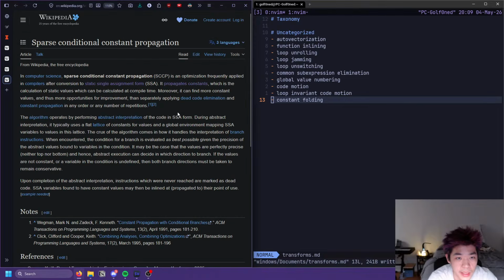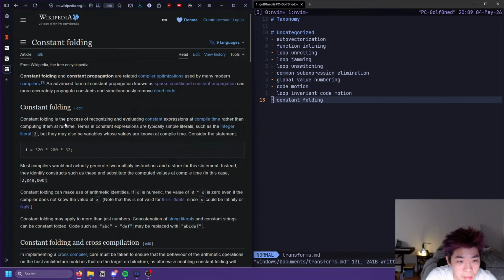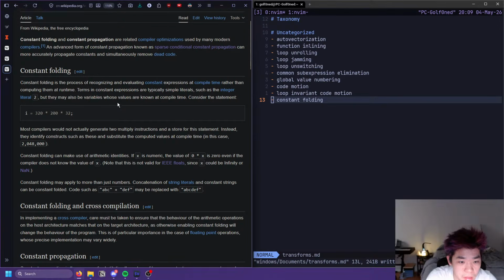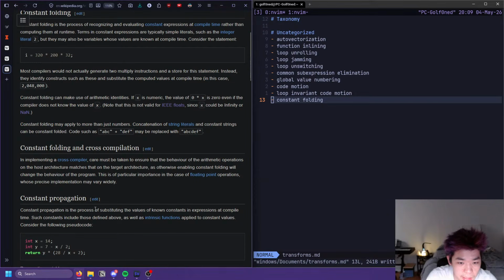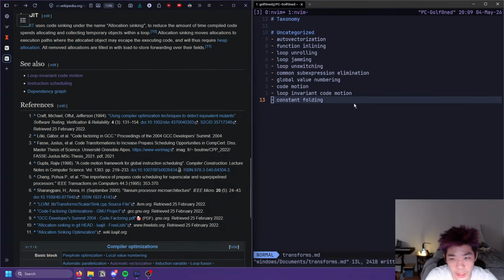What is this? SCCP. Wow. Okay. So, okay, constant propagation is distinct from constant folding, it looks like. Or at least I should think of them distinctly.